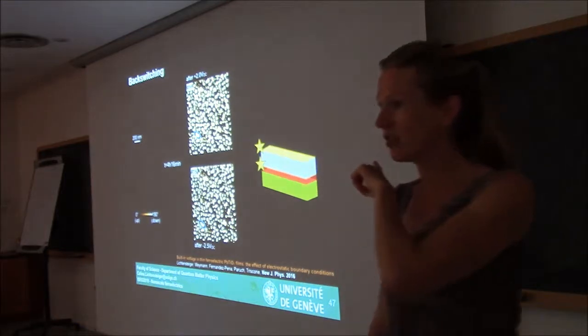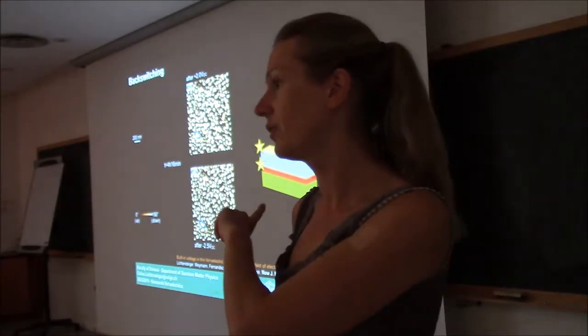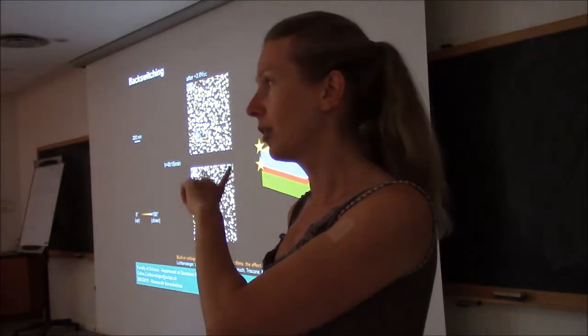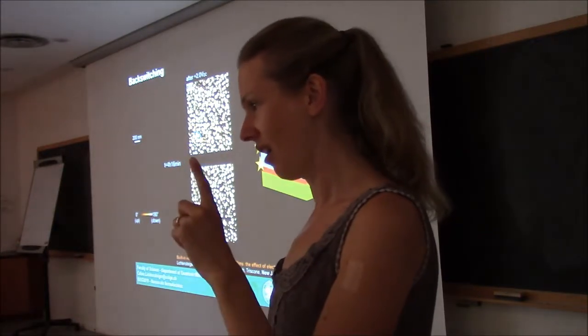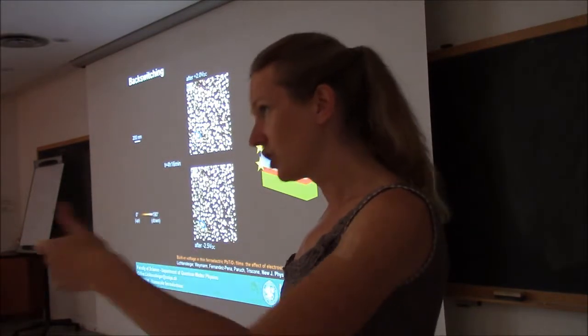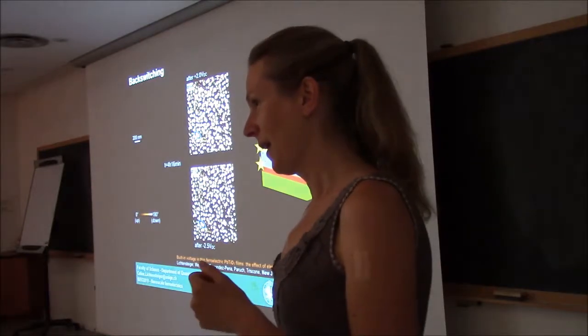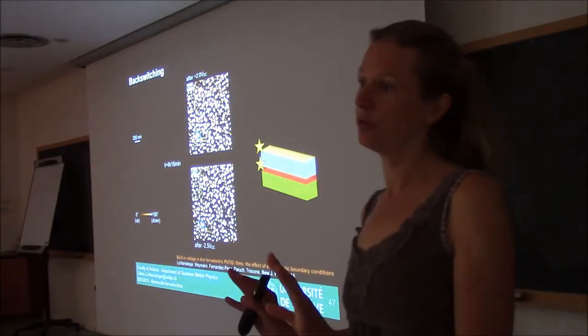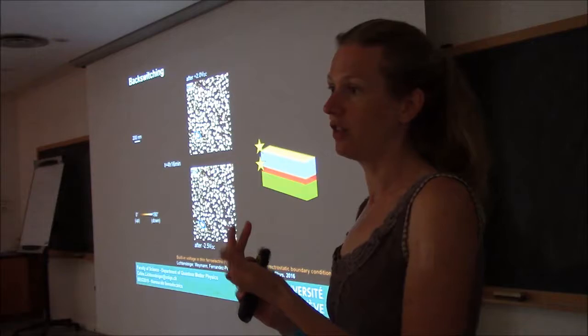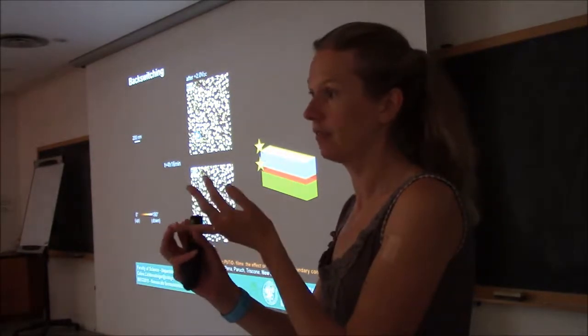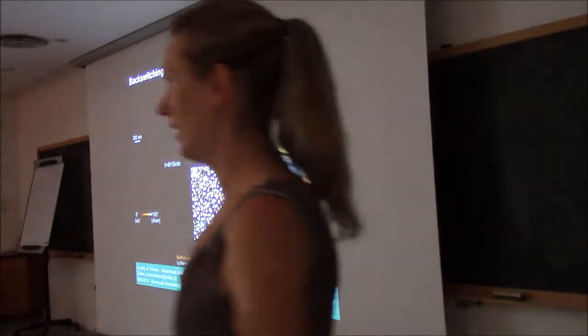But you will see later in the talk that by changing the growth conditions, with the same set of electrodes, you can also change the favorable polarization. All this has to do with the fact that we are changing the depolarization field and the built-in field. I will come back to that later.